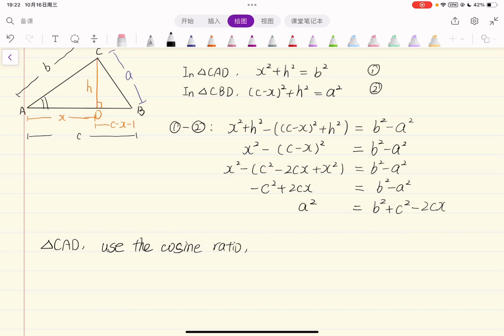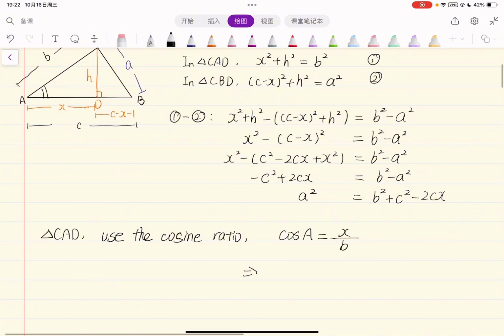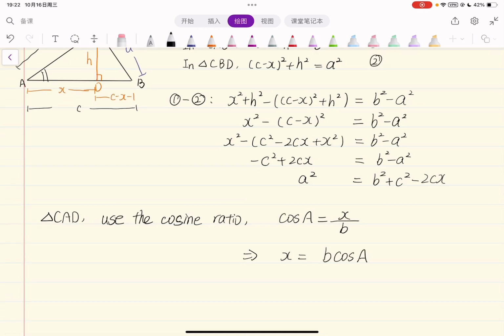We have cosine A equals x over b, so x equals b times cosine A. Now we can substitute this into this equation.